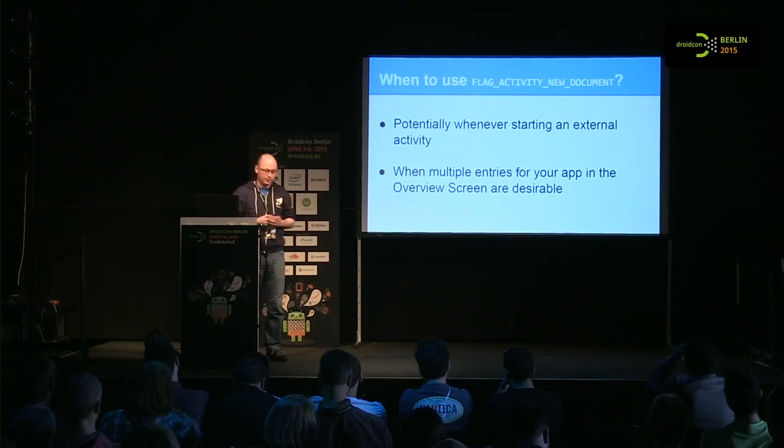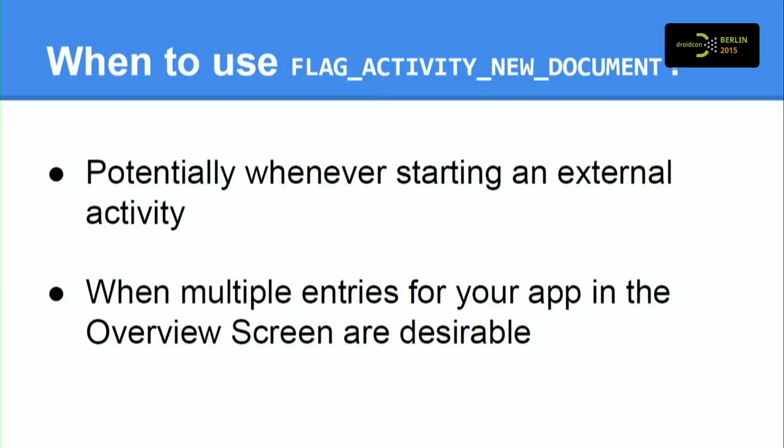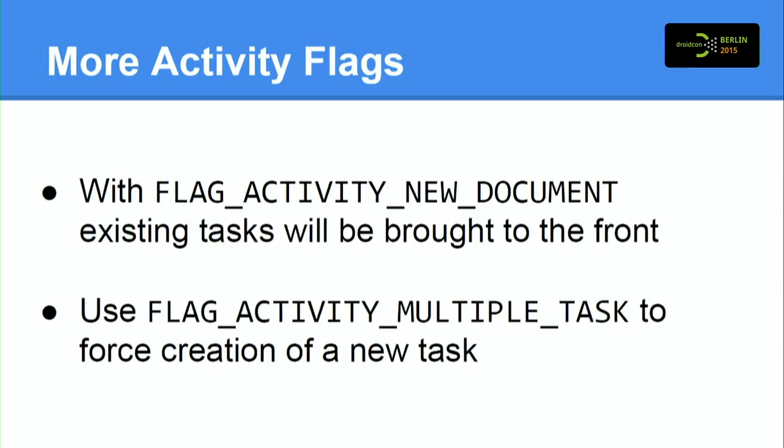Okay, so if you add the new document flag, not in all cases is an actual new activity launched. It's similar to new task. If there's already an existing activity, this one will be reused or brought to the front. If you really absolutely want to create a new task each time, you have to add another flag, the multiple task one.